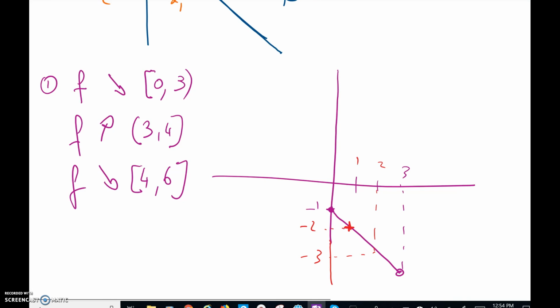What do you see? For point number 1, you have the coordinate (1, -2). For point number 2, you have the coordinate (2, -3). You see that x1 is less than x2, 1 is less than 2.